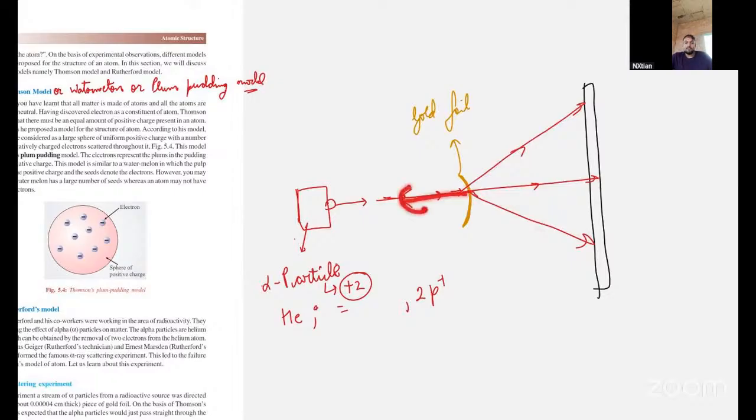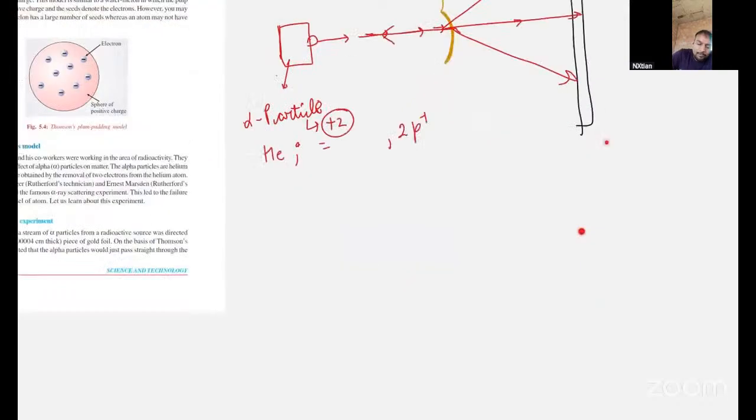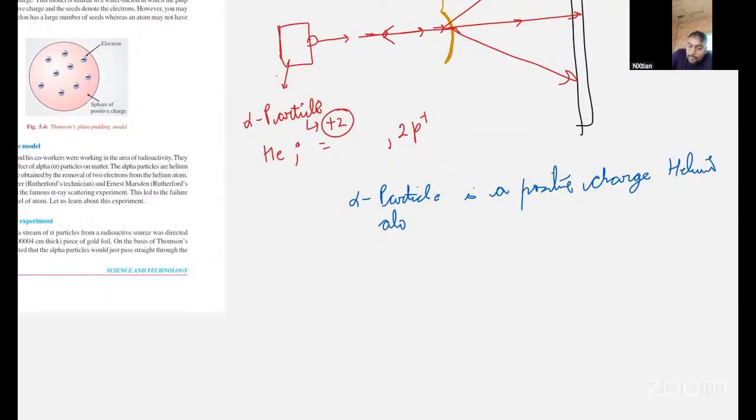Are you getting this? Yes or no? So first of all, what we have to understand is that an alpha particle is a positively charged helium atom. And what is the charge on it, Nidhi? What is the charge on an alpha particle?